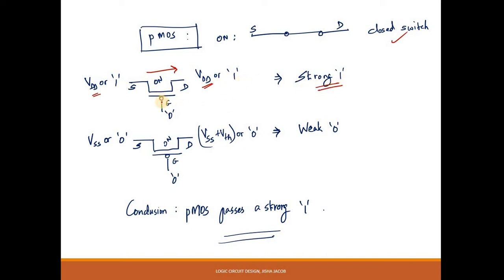So PMOS passes a strong 1. If you want to pass logic 0, that is VSS applied, if the applied voltage is 0 volt, then what you get at the drain end is VSS plus VTH. That is logic 0 still, but it is a weak 0. So in conclusion, PMOS passes a strong 1.